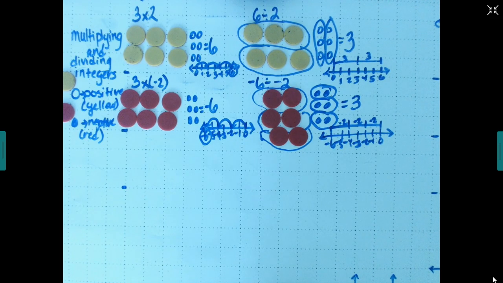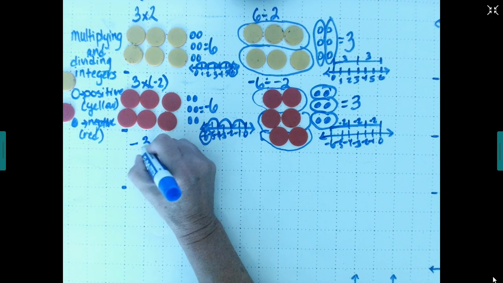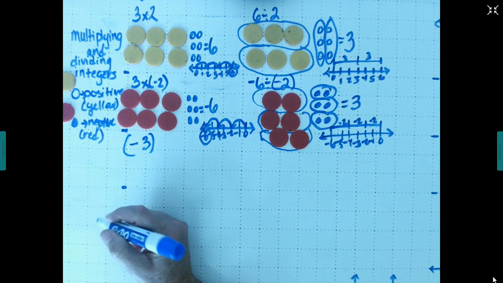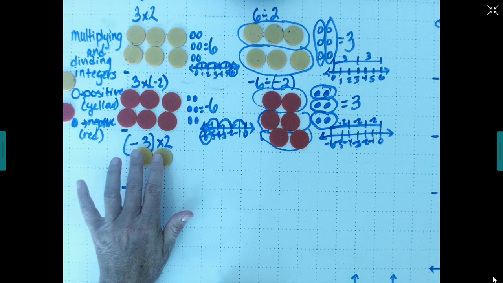Look for patterns. So our next problem that we're going to look at is negative 3 times 2. So what we're looking at here is the opposite of 3 groups of 2. So let's start there. Here's our 3 groups of 2.